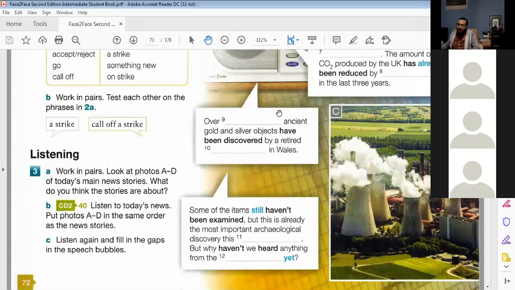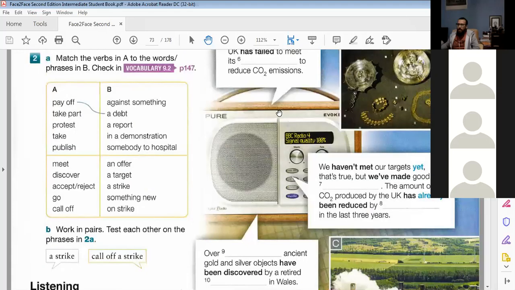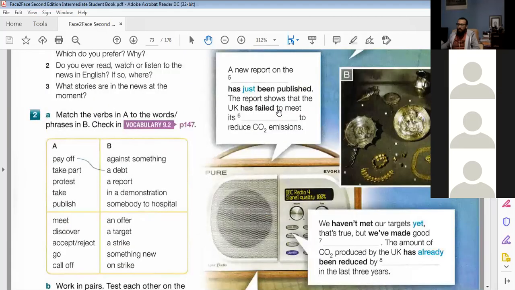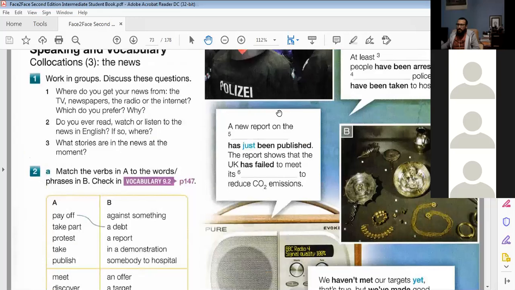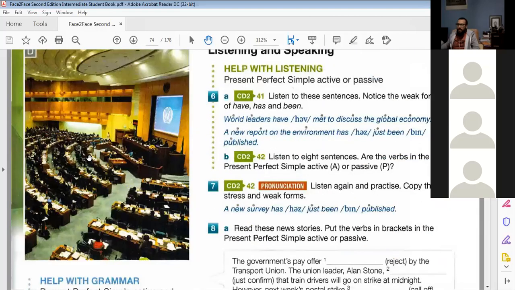We talk about the pollution and CO2. What about the third one? B. The third one is B. And this means the last one is D. Yes, I think so.